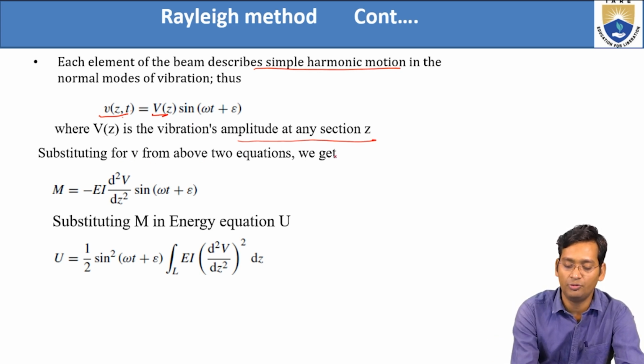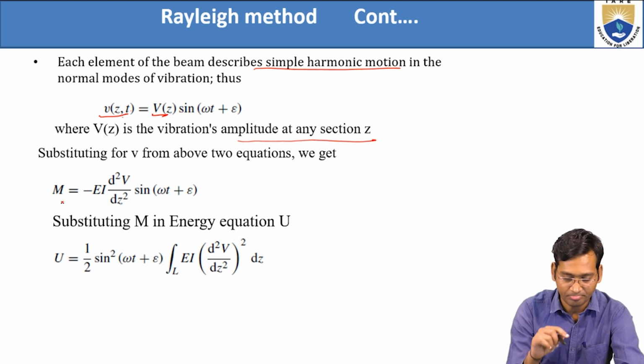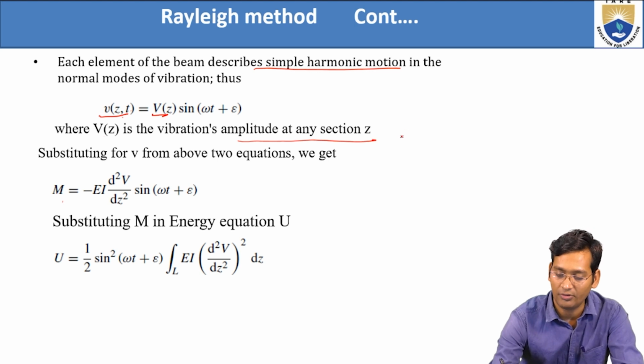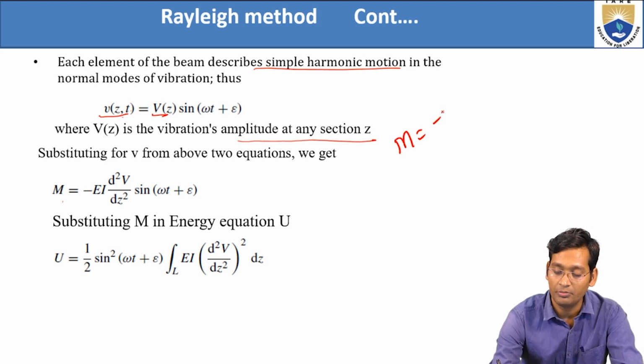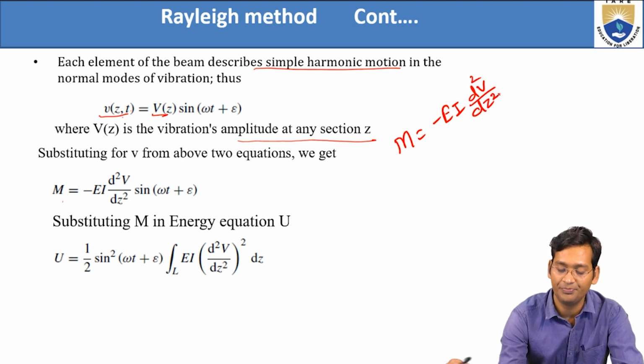Substituting for V from the above two equations we get this. What do we have here? M equals minus EI d2V by dz square.